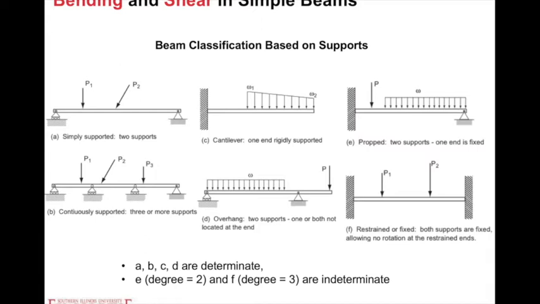So that is 5 minus 3 equilibrium equations we can list. So the degree is 2. Similarly for the last one, F, both ends have 3 unknowns, minus 3 equilibrium equations. So the degree of indeterminacy is 3.